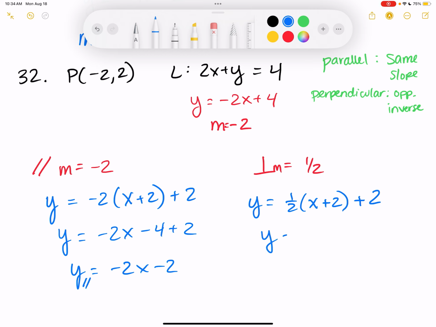So then I've got y = 1/2 x + 1 + 2, or y = 1/2 x + 3. And obviously you could go straight to the plus 3. Still showing work is good, but there's certain basic algebra steps in calculus that you don't need to show when you can just do them in your head. The calculus work, you can't really skip, because you usually need it, but anyways.